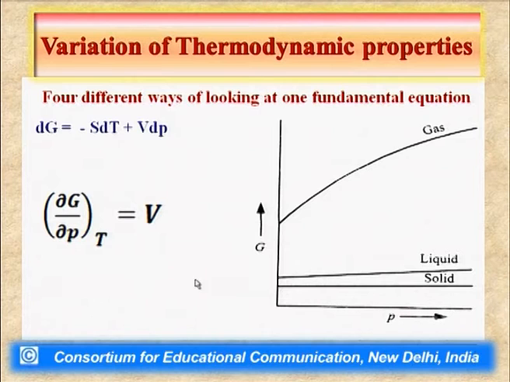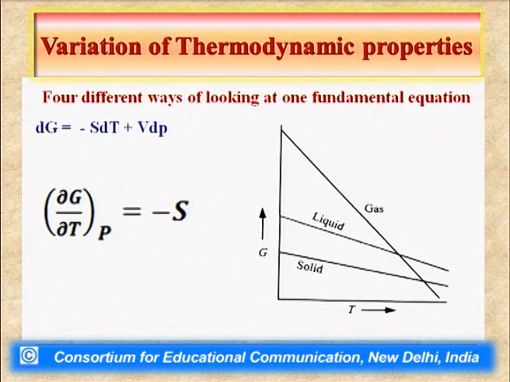Therefore, for working in the usual comparable range of pressure, Gibbs free energy is practically a function of temperature only for condensed phase systems. However, Gibbs free energy will vary significantly with pressure for gaseous systems. That is what we interpret from this differential coefficient value, right.